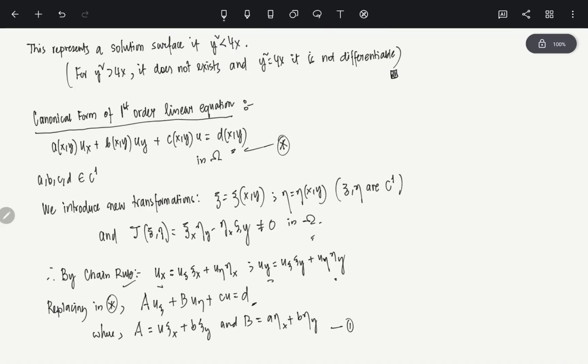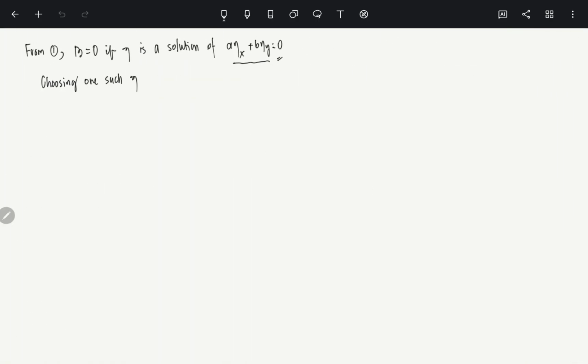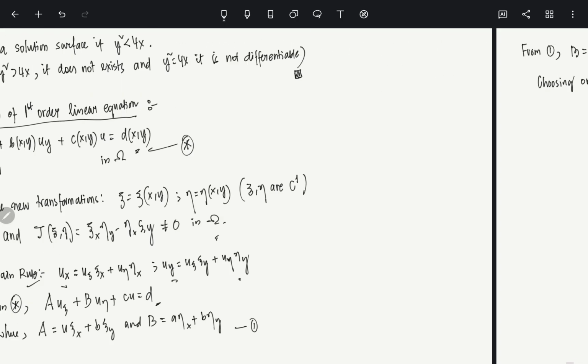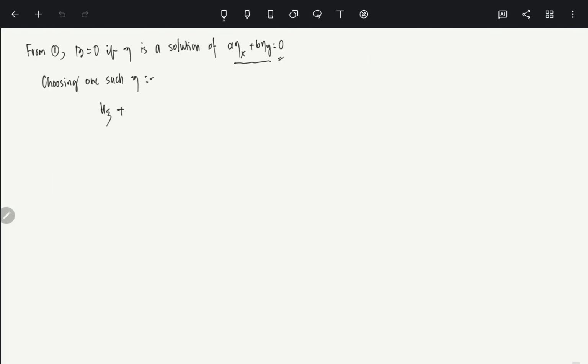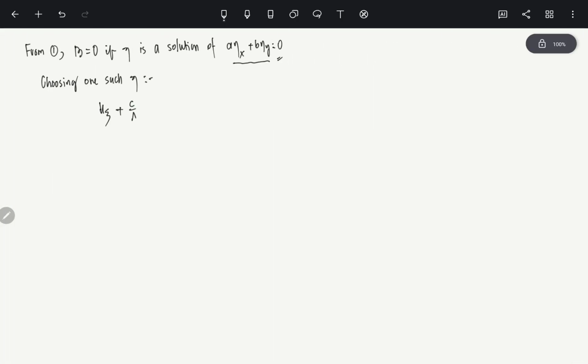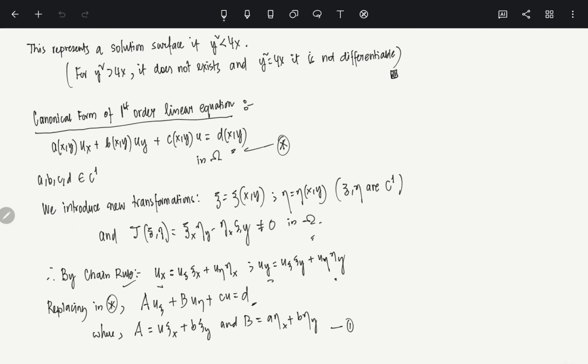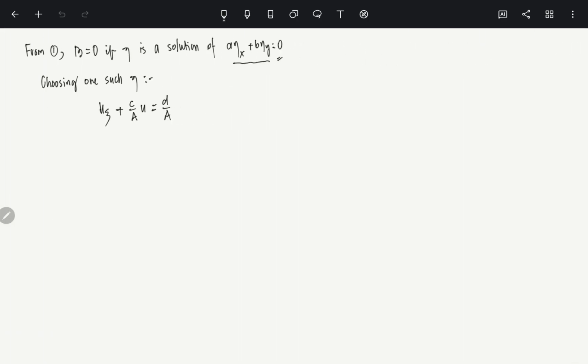That's how you do it. So if you do that, then this equation becomes u xi plus alpha, plus c by a times u equals d by a. Okay, since B is 0, we actually can reduce it like this.